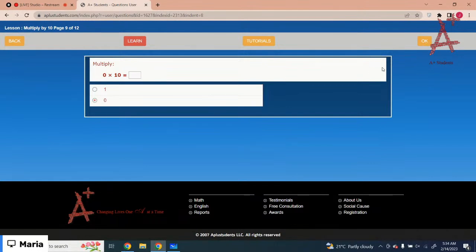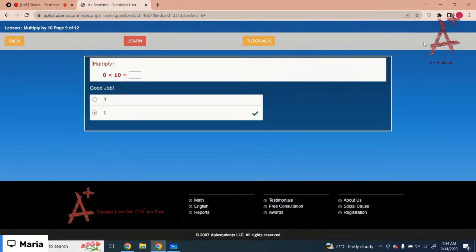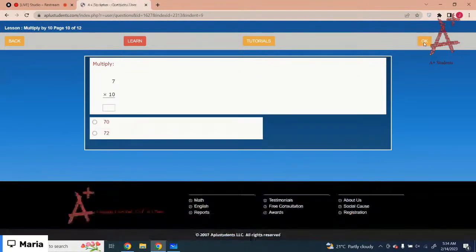Got it? 0 times 10 makes 0. Okay, the next one is 10 times 7. 10 times 7 is, yes, it is 70.